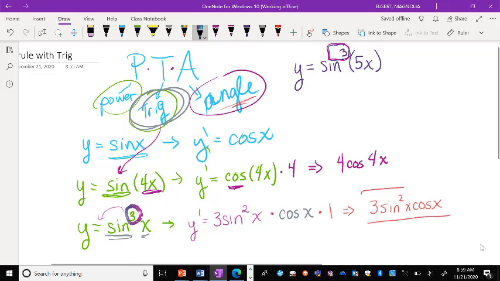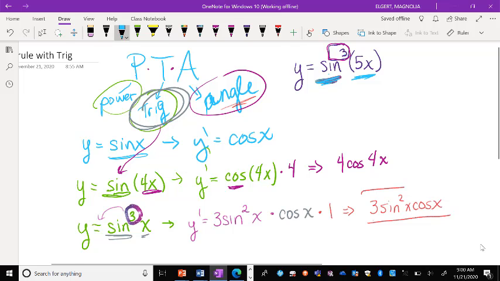The trig function would be whatever the trig function is. This time it happens to be sine. The angle is the 5x. So you have power, trig function, angle, PTA, PTA. And each time you do that part. Some of these, I actually could do the chain rule more than once on. So it could have 2 chains.